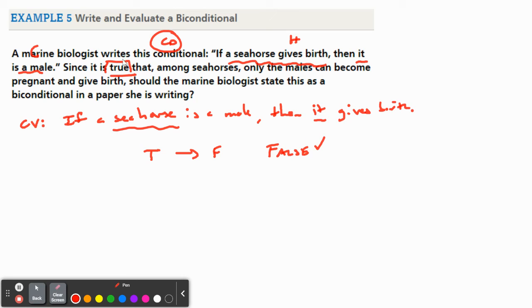And because the conditional is true and the converse is false, this would lead to no biconditional. So again, this statement is false because a male seahorse might not be pregnant. So because your converse is false, there is no biconditional to write.